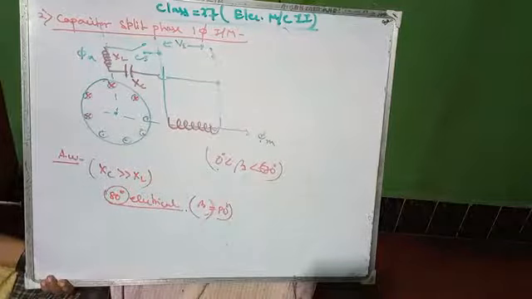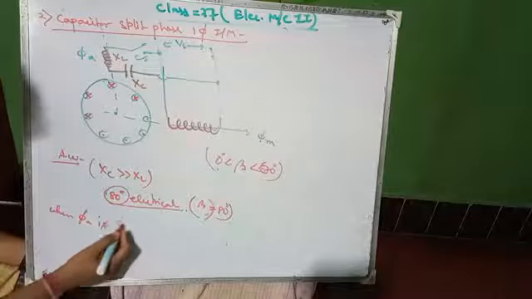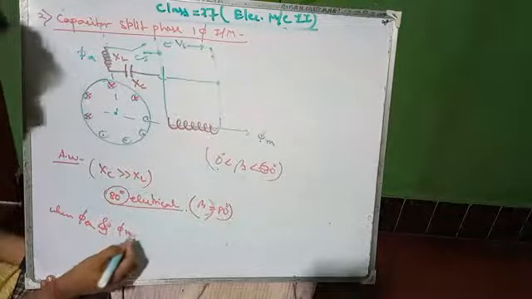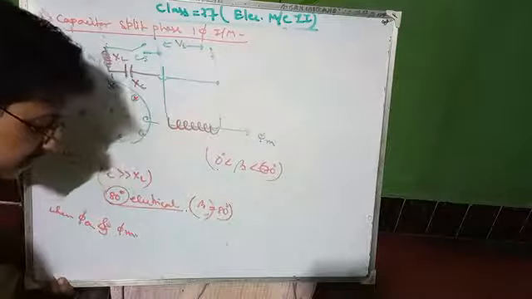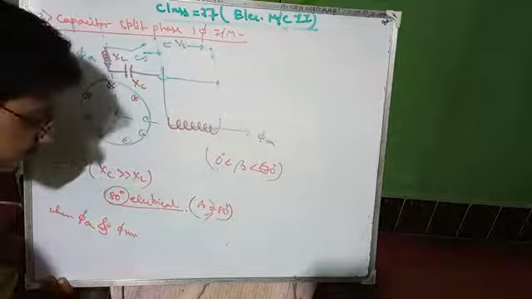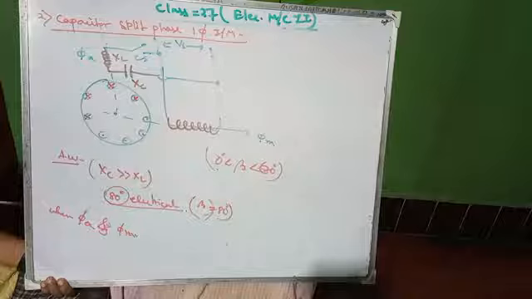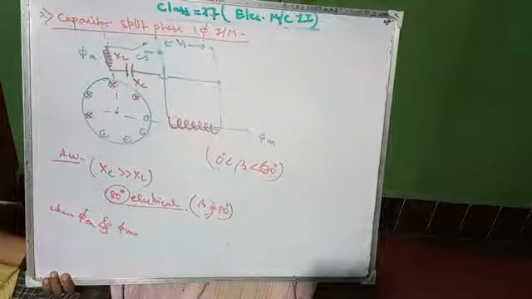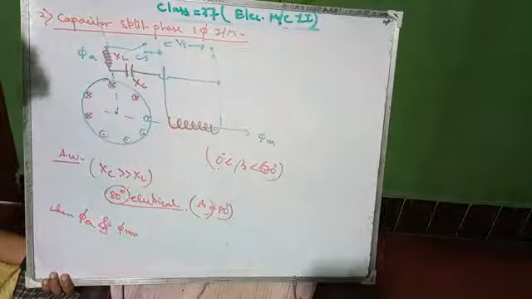When phi A and phi M are generated simultaneously, the resultant flux phi R is also generated in the air gap, to rotate the rotor by providing the starting torque.